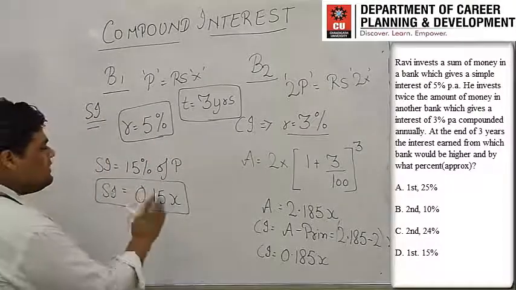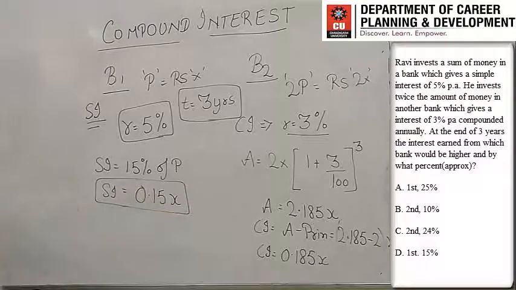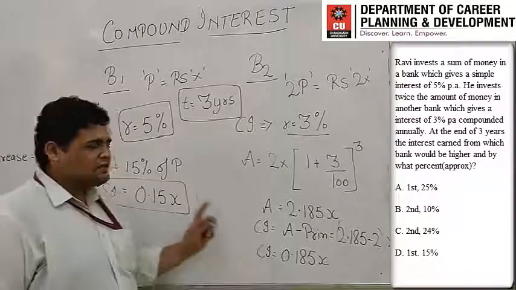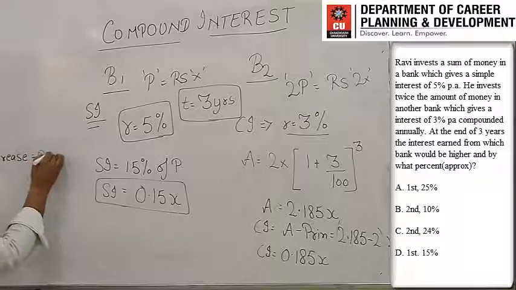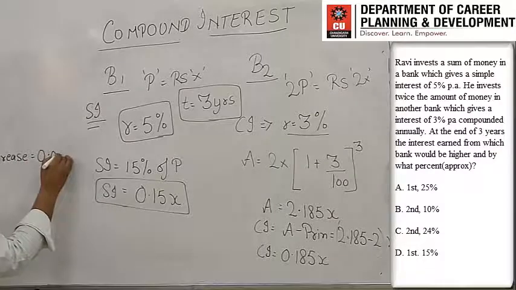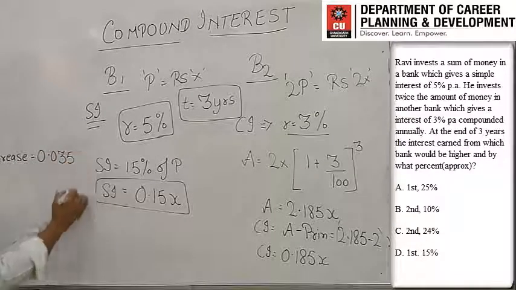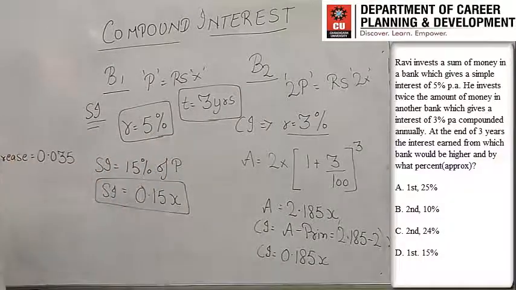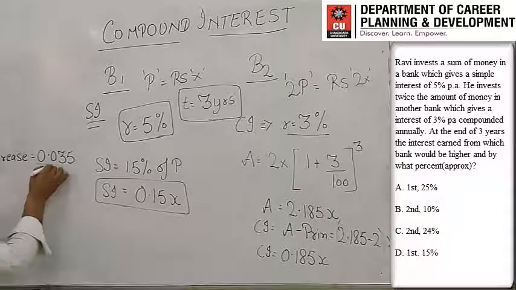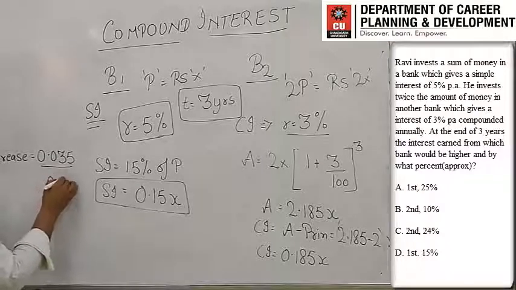Now we have to find by how much percent this one is higher. So the percent increase will be equal to the difference between the interests divided by the first interest. Difference will be 0.185 minus 0.15, which is 0.035, divided by 0.15.